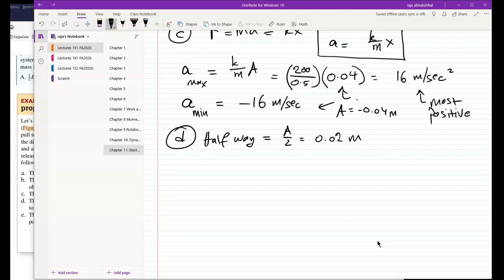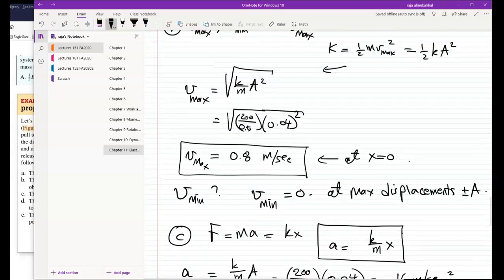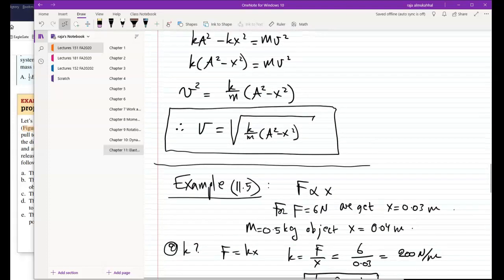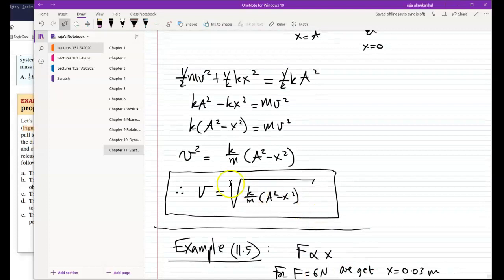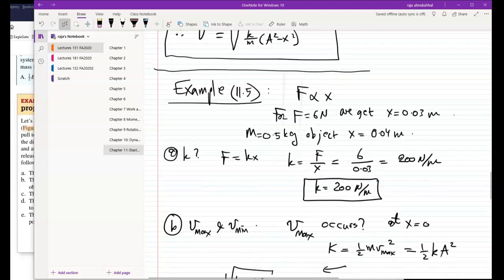Okay? So in this case, he said, what is the velocity? Well, remember, if you want to find the velocity at any point, you use this important formula that I just boxed for you. I'm going to use this formula where x here is halfway, so I have A squared minus (A over 2) quantity squared. You got that? Right here. And then you just plug in your numbers.